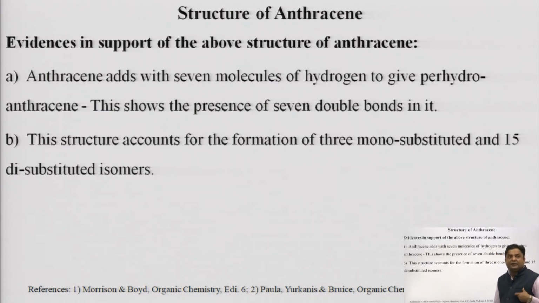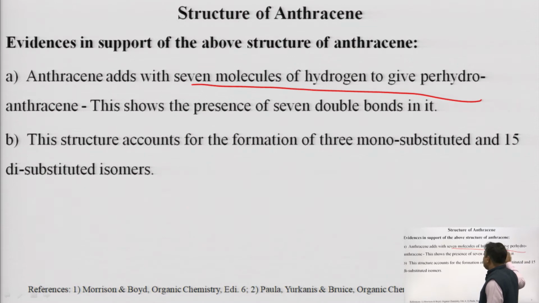Then again there is some more evidence in support of that particular structure. For example, anthracene adds 7 molecules of hydrogen to give perhydroanthracene. If it is adding 7 molecules of hydrogen, it means there are at least 7 pi bonds in the structure of anthracene.